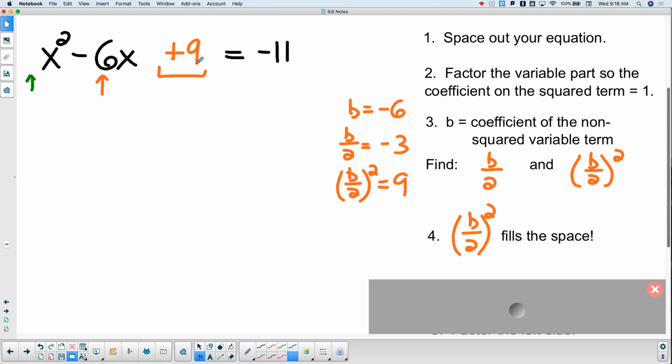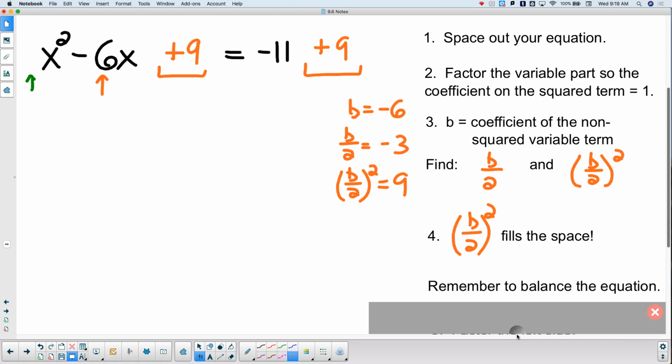So how do I get it back into balance? I've got to add 9 over here to the other side also. Right away, you've got to balance the equation.